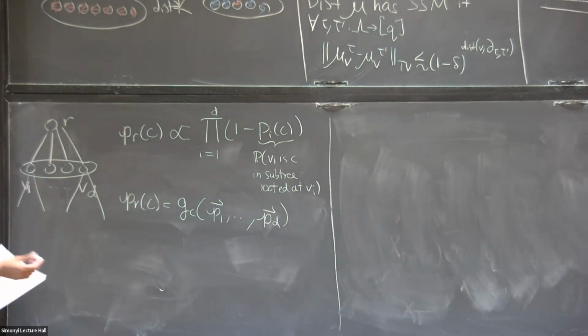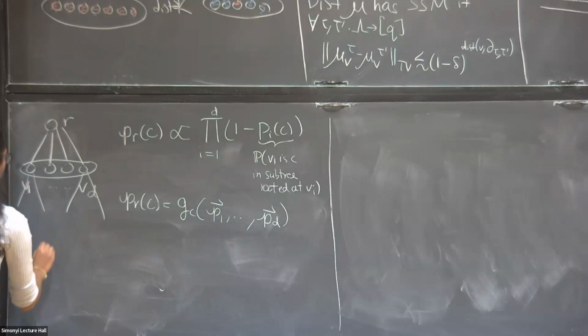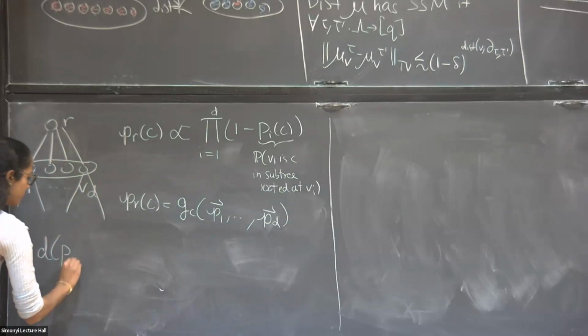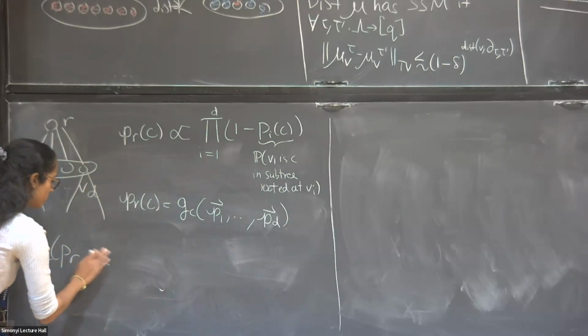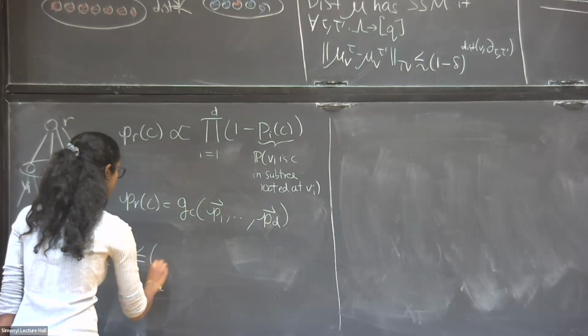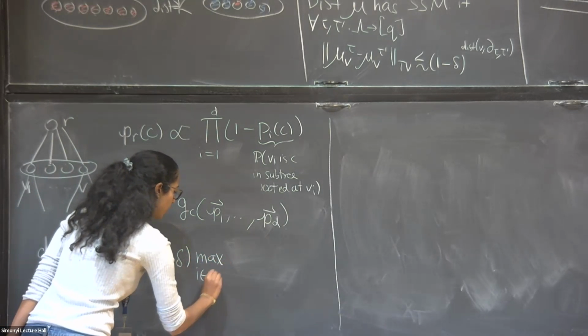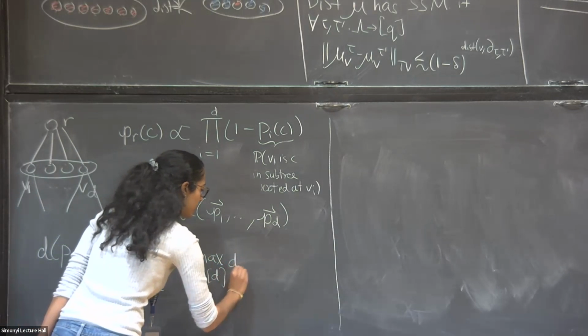Okay, so what do I mean by that? What I mean is that we would like to show something like the following is true. Imagine we could prove that the distance, for some favorite metric of ours, between some distribution P_R and some different distribution on the root vertex P_R prime was at most 1 minus delta times the worst case difference of the induced distributions over all the neighbors.